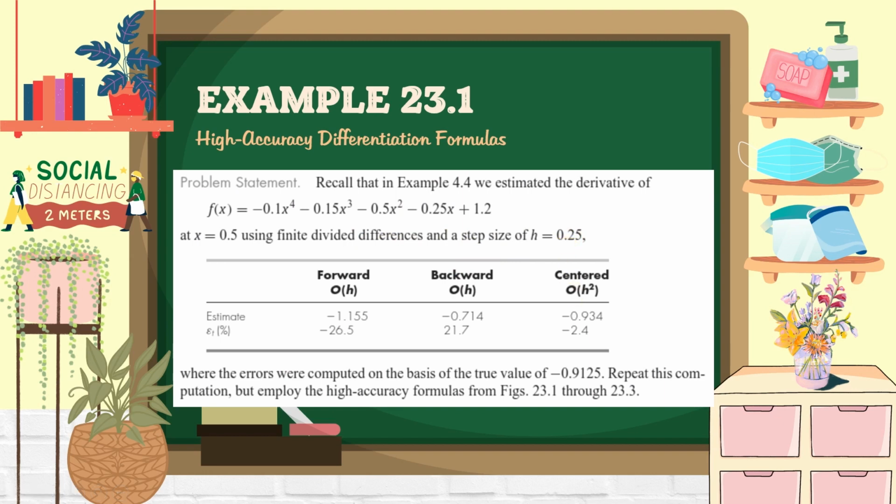You will recall that we calculated a series of values and their relative errors, wherein the errors were computed on the basis of the true value. We're going to repeat this computation, but we're going to apply the high accuracy formulas from figures 23.1 to 23.3.